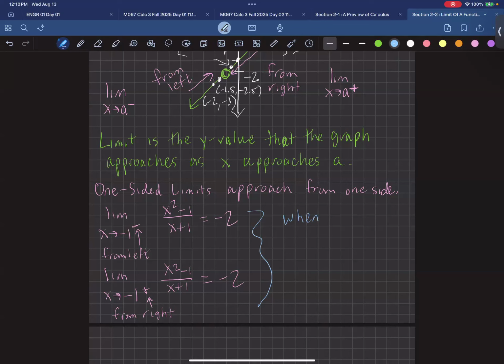When the one-sided limits equal each other, we say that the limit exists.